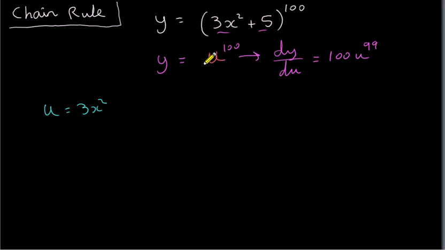It's normally called u. So u is 3x squared plus 5. We can work out du/dx. We differentiate 3x squared, 2 times 3 is 6, we get 6x to the power of 1. When we differentiate 5, we get 0. So we get 6x plus 0, or just 6x. So we have dy/du and du/dx.